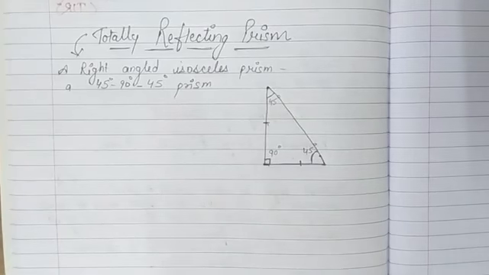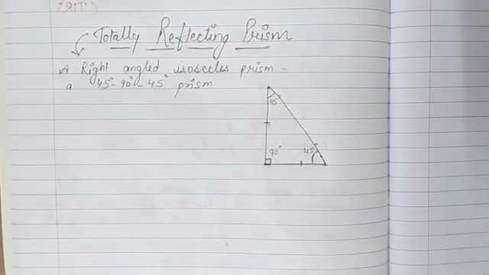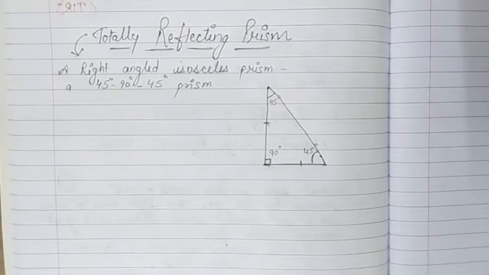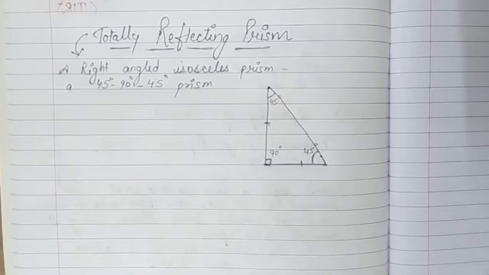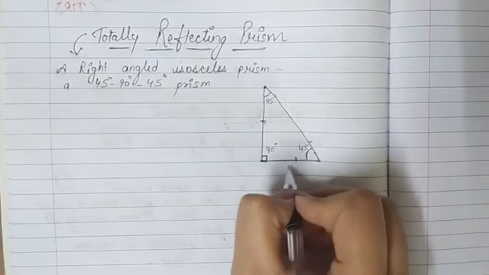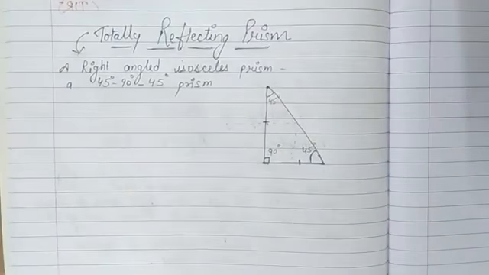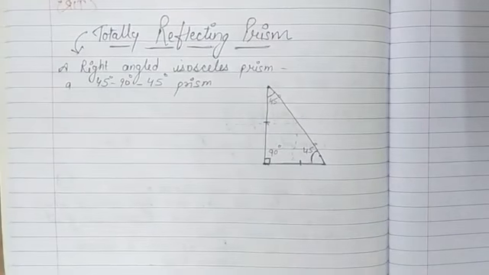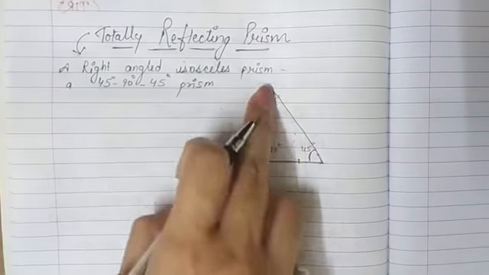The next point that we have to note about this prism is whenever a ray falls normally on any face, like this, or on this face, then it is incident on the inside face at 45 degrees. This is the inside face.